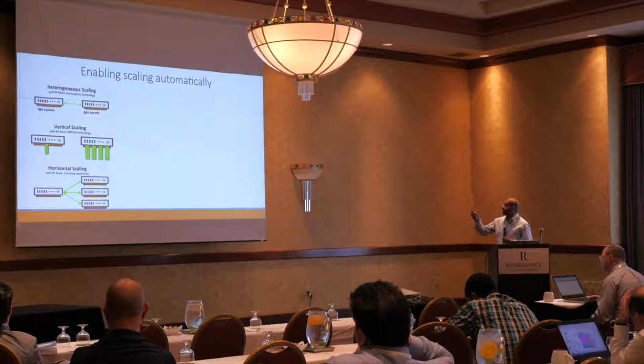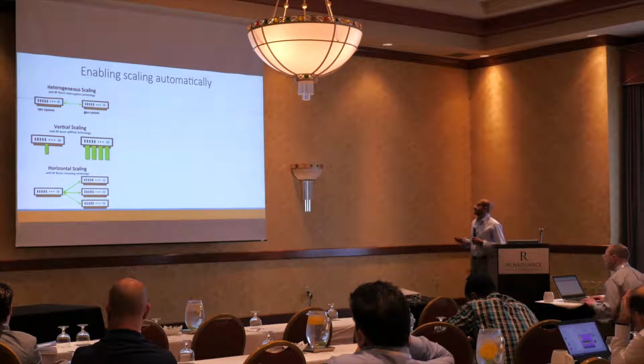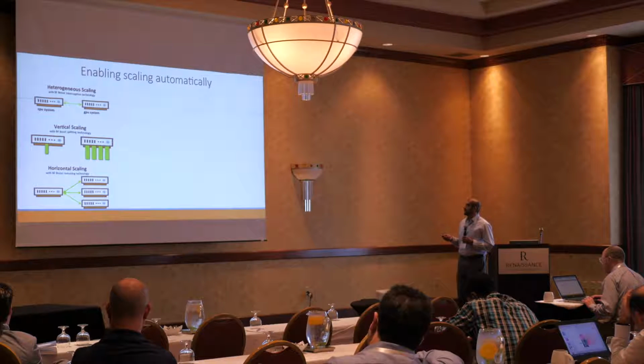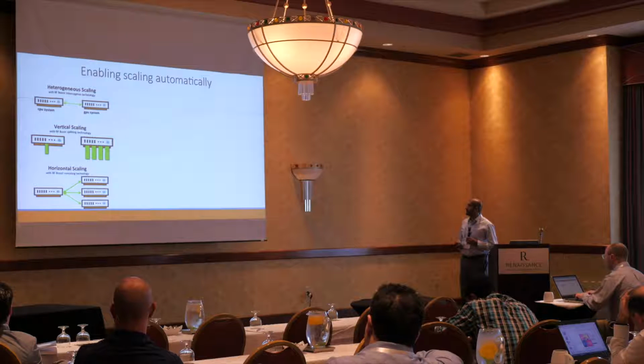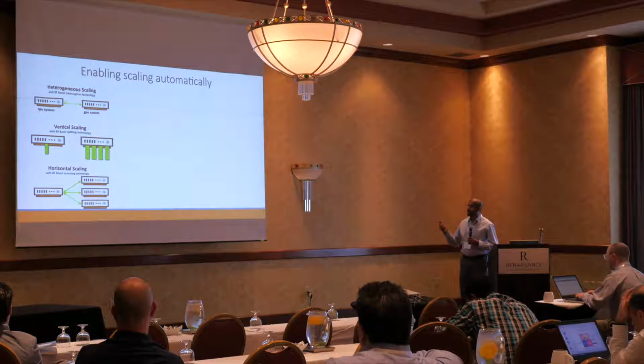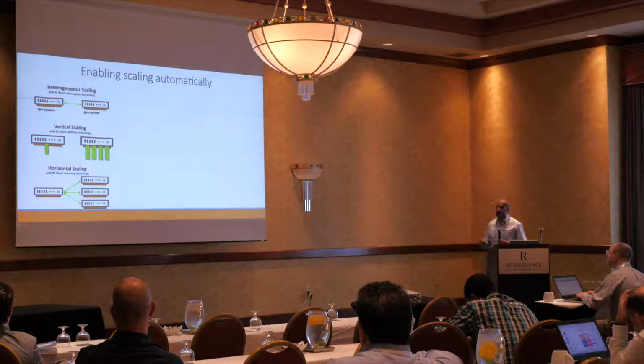So here are three different kinds of scaling that we try to enable. One is the heterogeneous system, automatically going from a CPU-based system to a GPU-based system. Vertical scaling, making a single device application a multi-device application, right? So you can scale within the machine. You can take advantage of 4 GPUs or 8 GPUs in the same machine.